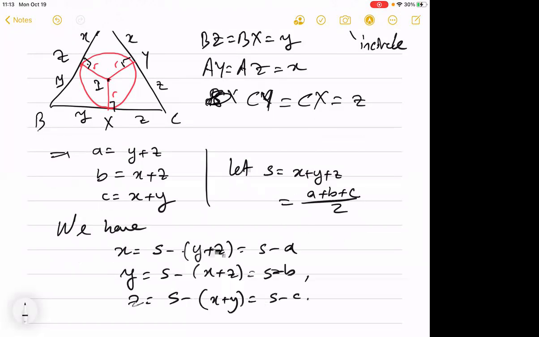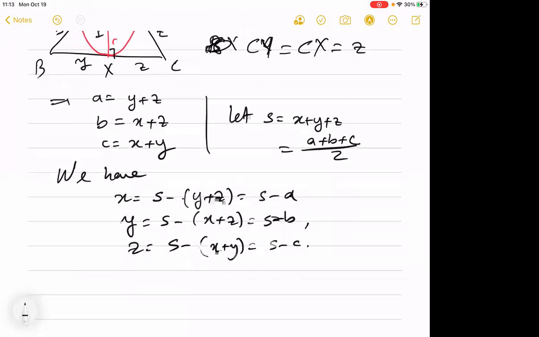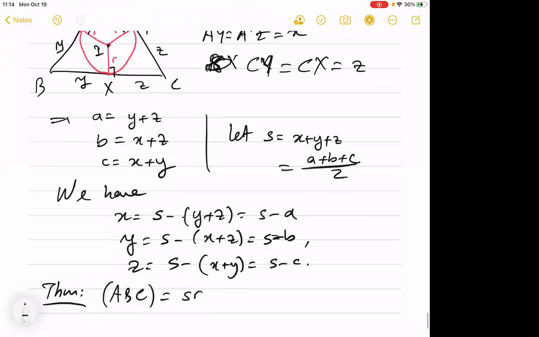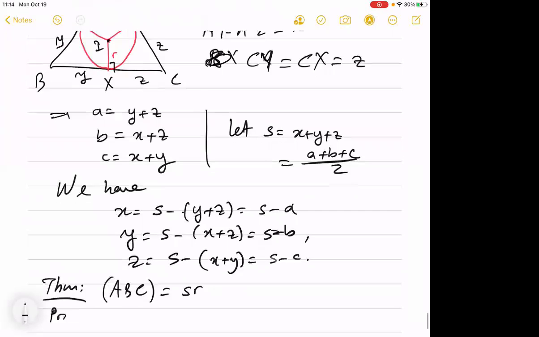Okay, and here's a theorem that the area of ABC is S times R. Okay, here's a proof. Let's look at this triangle IBC.